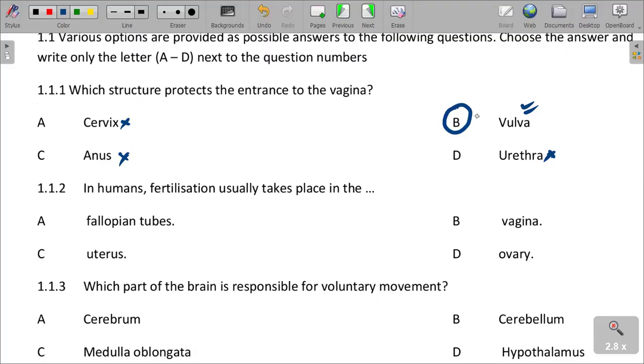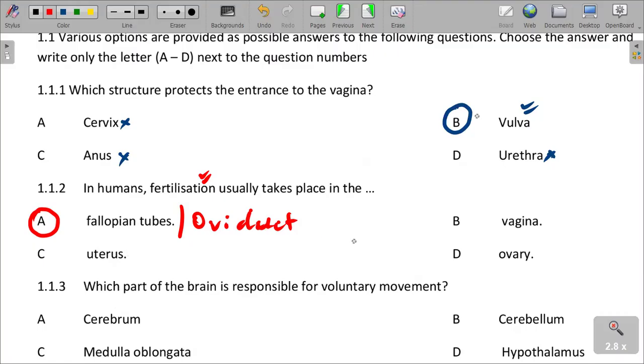Where do we see fertilization occurring? If you refer to the channel again, we have discussed and explained that it is in the fallopian tubes where we see fertilization occurring. The fallopian tube, or the oviduct, for clarity's sake, is where fertilization occurs.